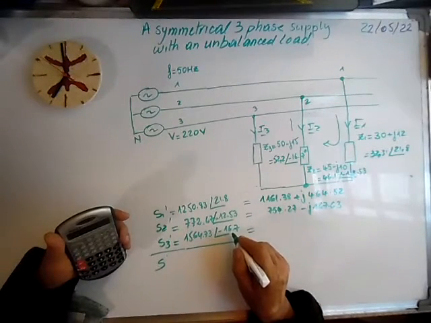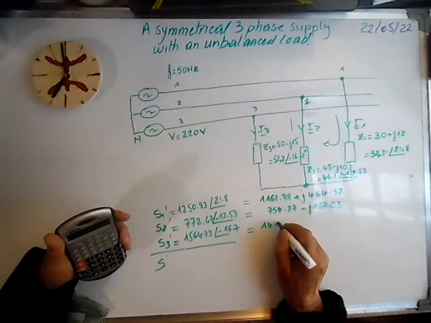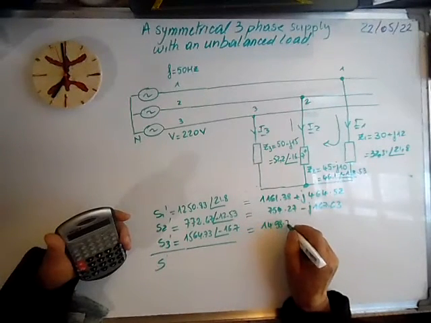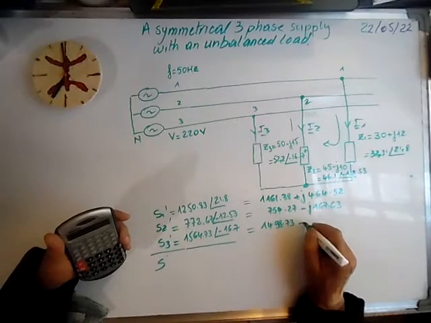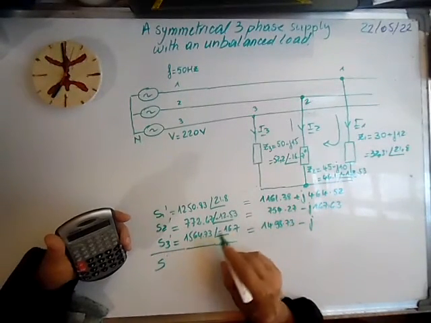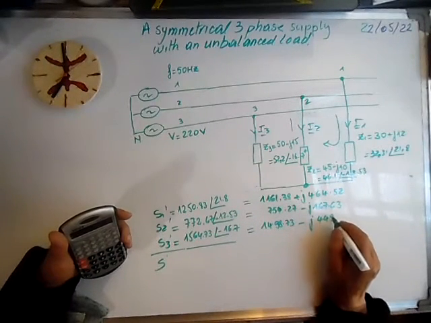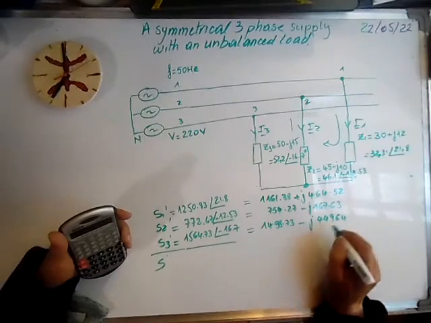Cosine of 16.7 gives 1490.73, and the reactive power is negative as well, sine 16.7 times this gives 449.64.